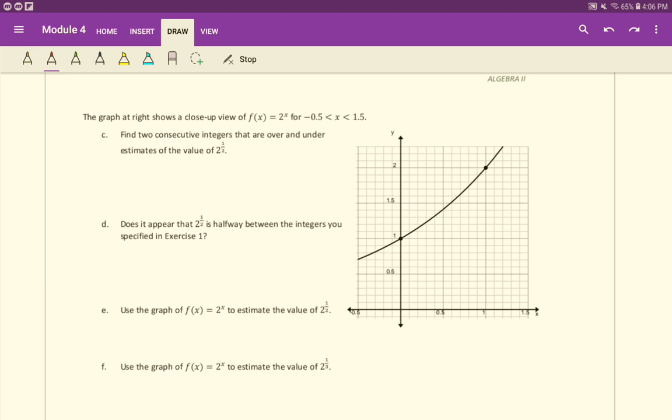Okay, so we're going to find two consecutive integers that are over and under estimates of the value of 2 to the 1/2. So again, here's 1/2, and there's 2 to the 1/2 right there. Two integers that are over and under estimates: 2 is an overestimate, 1 is an underestimate.